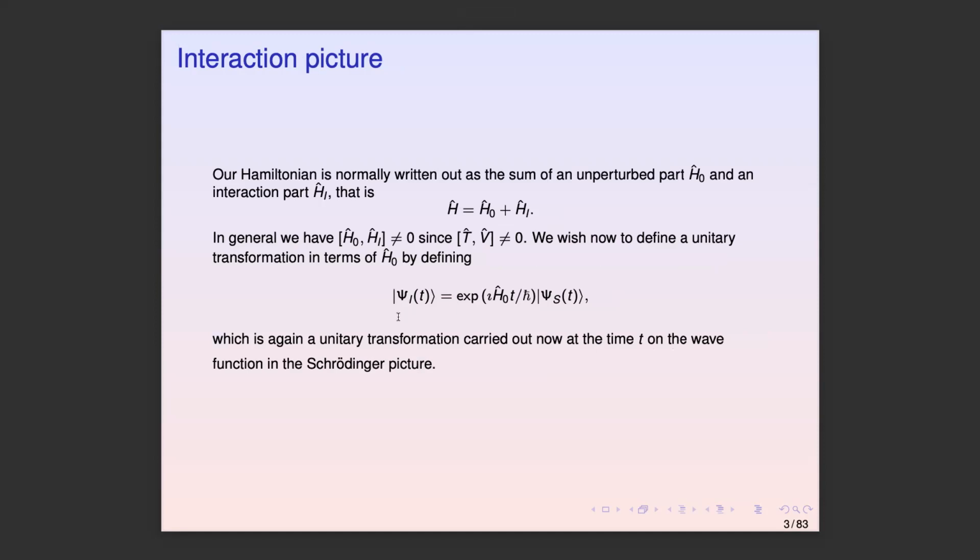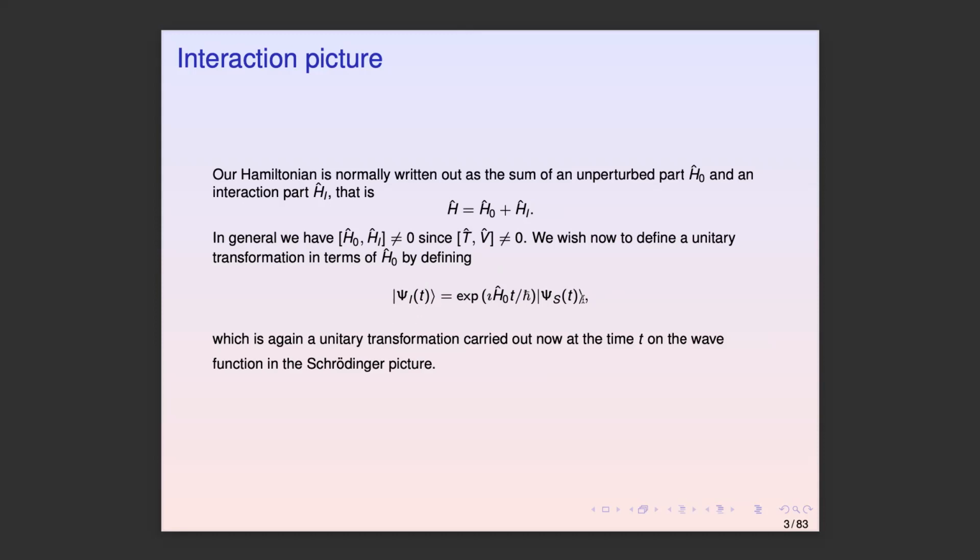And then what we did was to introduce a new definition of the wave function in the so-called interaction picture, and that is given by a new unitary transformation, where we simply have the unperturbed piece, and that acts on the Schrödinger picture wave function.